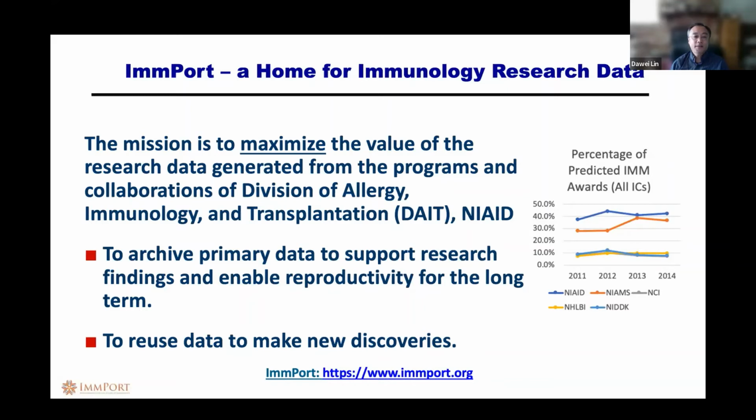In recent years ImmPort has also helped support a couple of other ICs and nonprofit organizations with their public data sharing commitments. The mission of ImmPort is to maximize the value of those data in 2 ways.